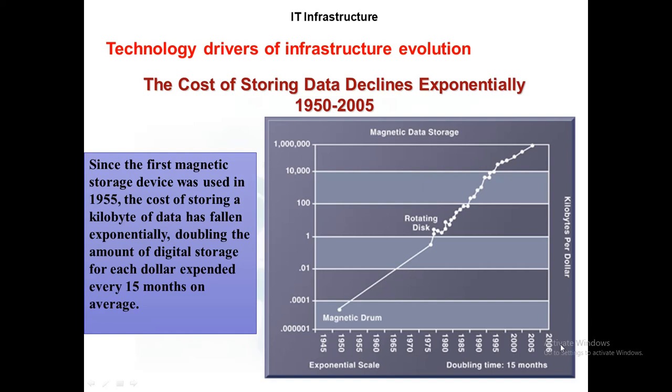This one was ending 2006, but now look at it from the perspective of 2021, where we have flash memory cards. Our phones also have their own storage capacities, so the cost of storing data is declining exponentially.